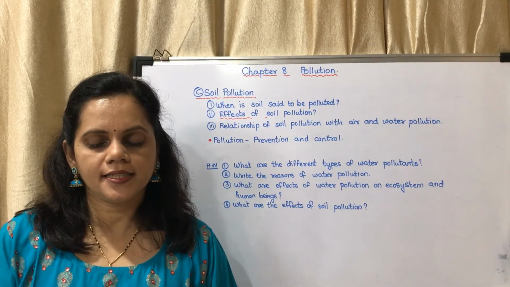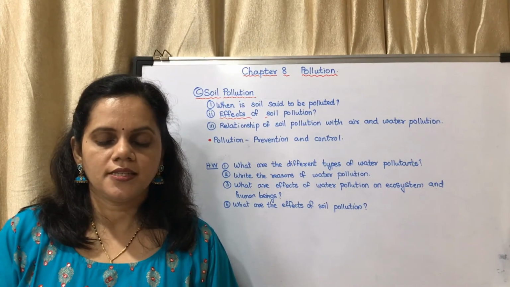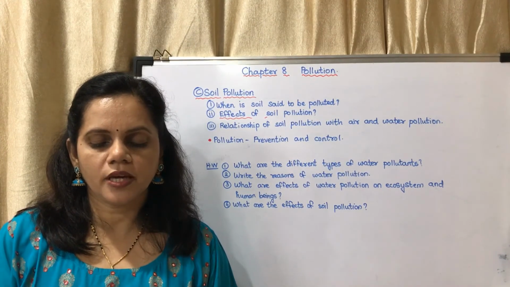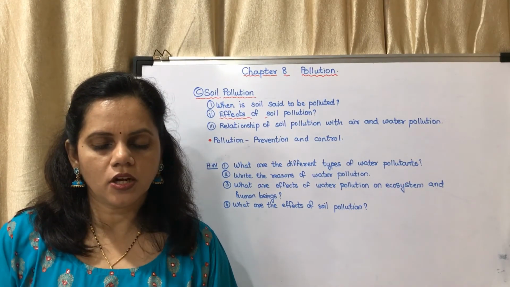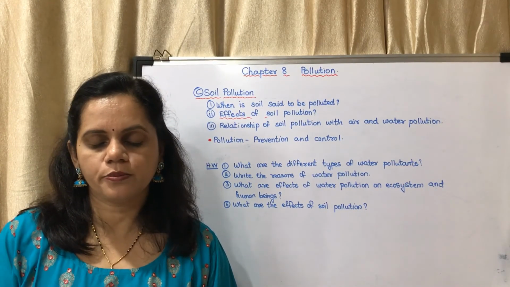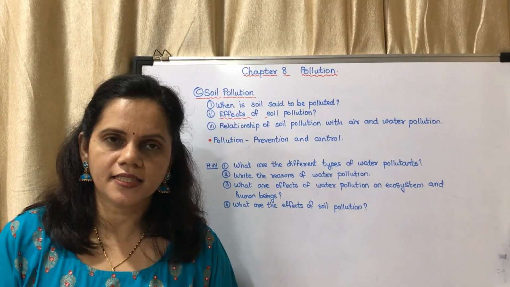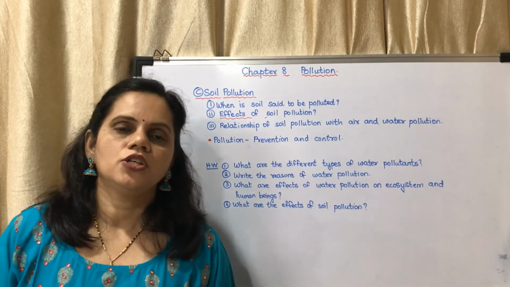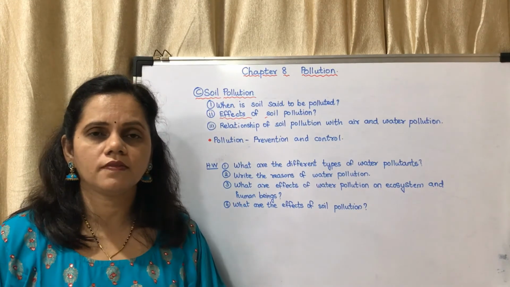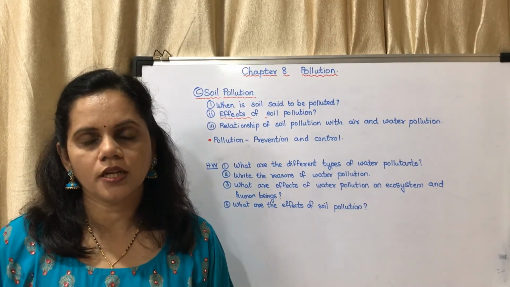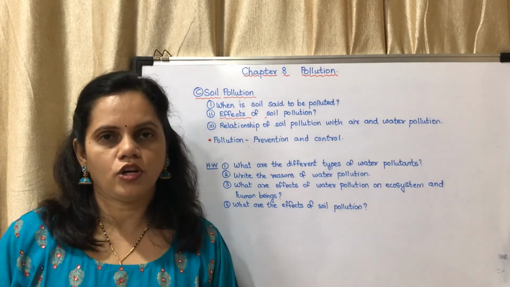Excessively sprayed insecticides and weedicides are mixed with air, causing air pollution. Similarly, excessive use of chemical fertilizers causes water pollution. Soil pollution occurs due to mixing of human waste, birds and animal waste. This releases various stinking gases causing air pollution. So these sentences they have written, it is the relationship of soil pollution with air pollution and water pollution. So soil pollution is one of the reasons for air pollution and water pollution.